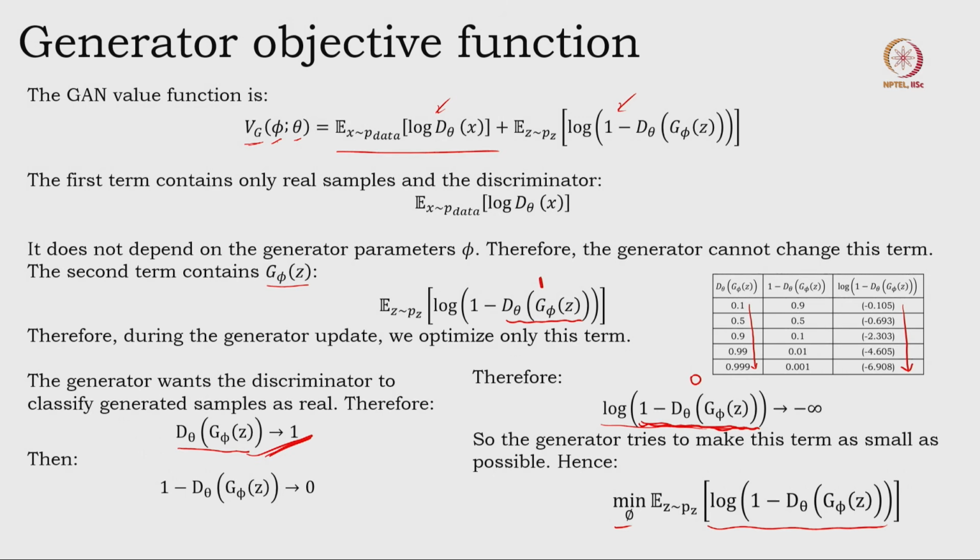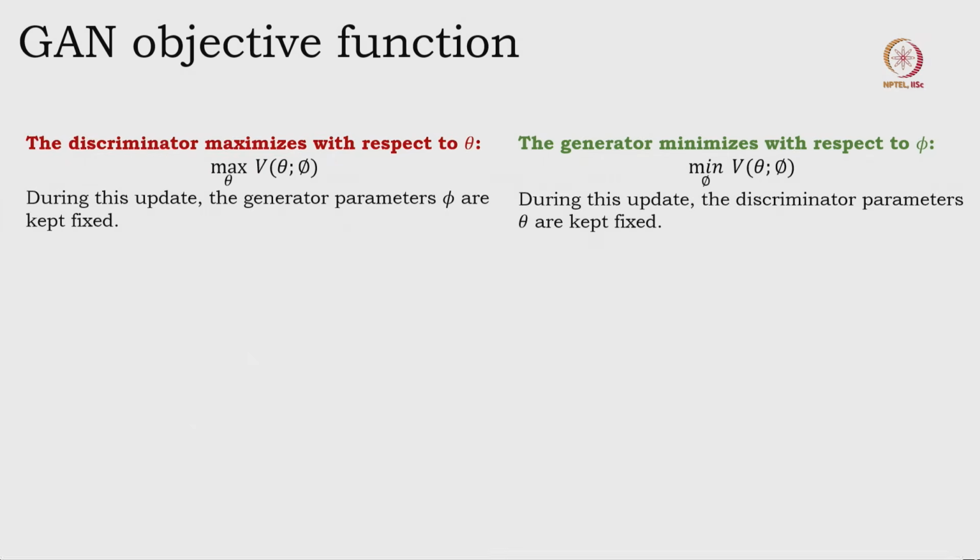Minus 6, the value is very small here. So this term is small. Therefore, the generator objective function here is to minimize. I hope this is clear to you. Although it is a very complicated concept, as you understand it, you will be able to get this concept clearly.